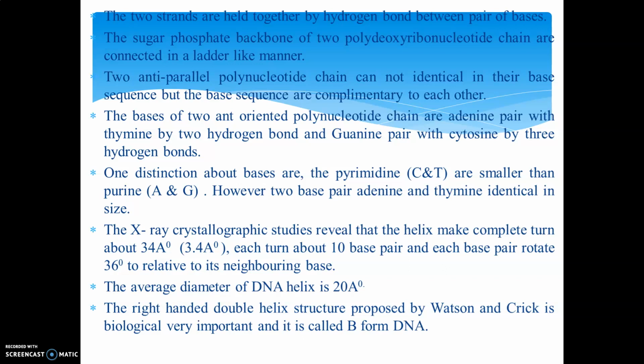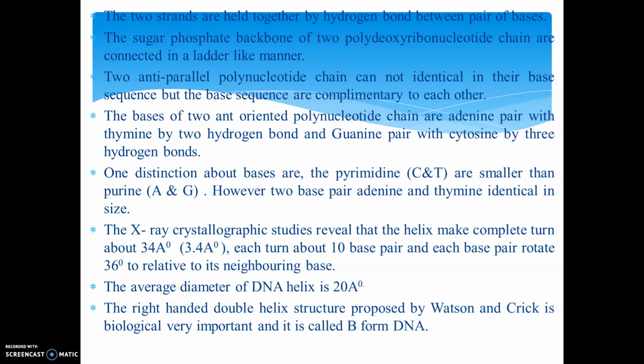However, the two base pairs, adenine-thymine and guanine-cytosine, are identical in size. X-ray crystallographic studies reveal that the helix makes a complete turn every 34 angstrom, each turn has about 10 base pairs, and each base pair rotates 36 degrees relative to its neighboring base.